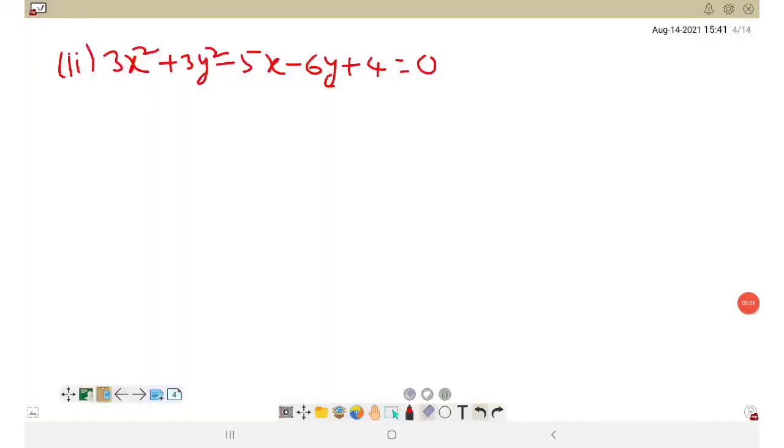Next one, the given circle equation is 3x square plus 3y square minus 5x minus 6y plus 4 equal to 0.